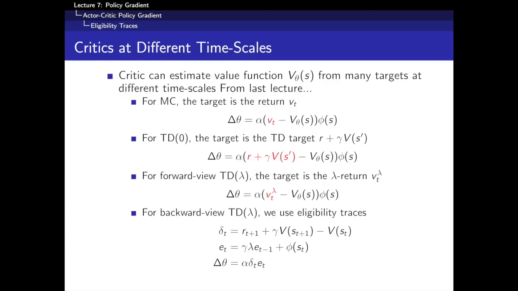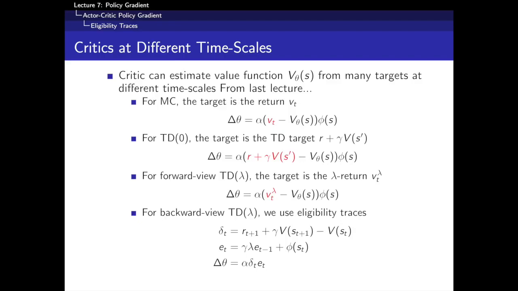So now we're going to do the same thing with Actor-Critic algorithms, but it turns out that it's quite straightforward to do that. If you remember from last lecture, we had a choice of things that we could plug in when you were updating your value function approximator. You could plug in the return. You could plug in your one-step TD target. You could plug in your lambda return.